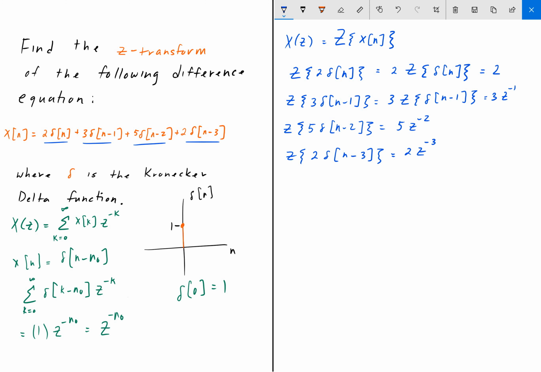And now we can put all these together. X of z is equal to 2 plus 3 z to the minus 1 plus 5 z to the minus 2 plus 2 z to the minus 3. And that is the z-transform.